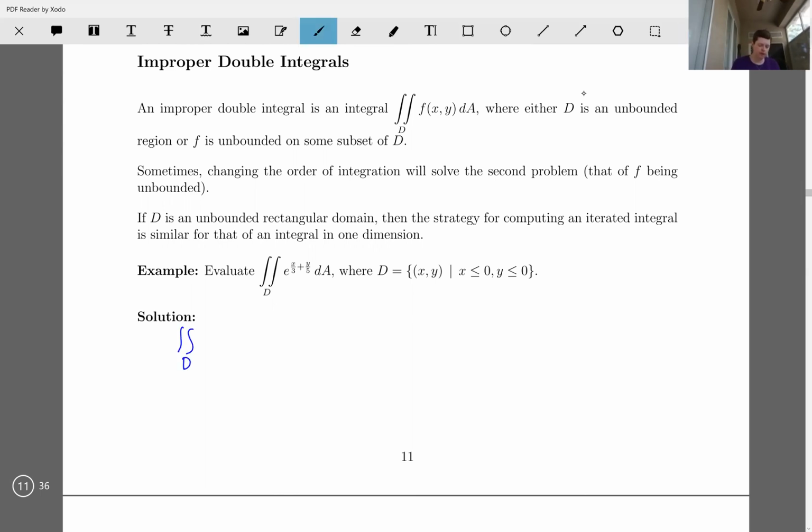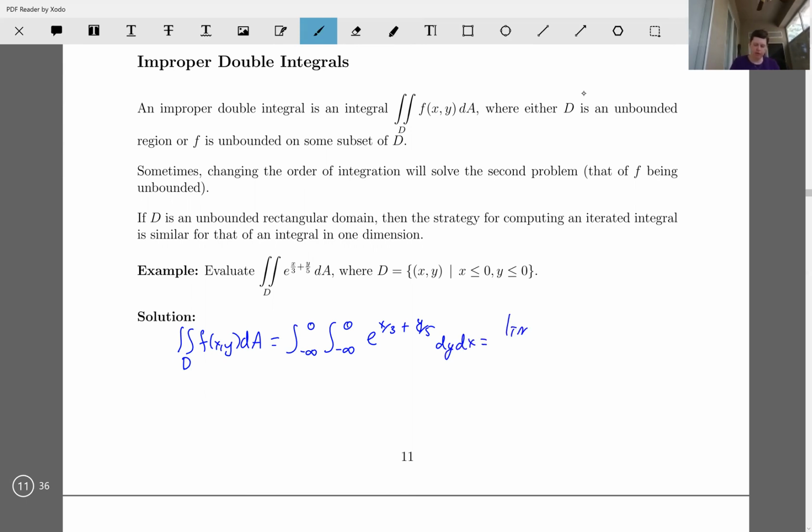So our integral of our function is the integral from minus infinity to 0 for x and for y of this guy.